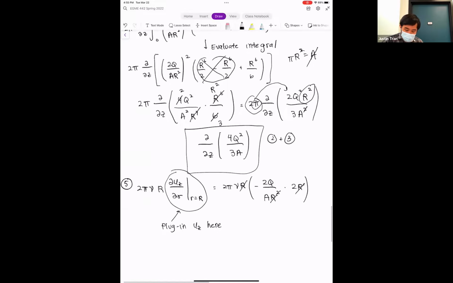If we plug everything in, we get a minus 8 pi nu q over a.